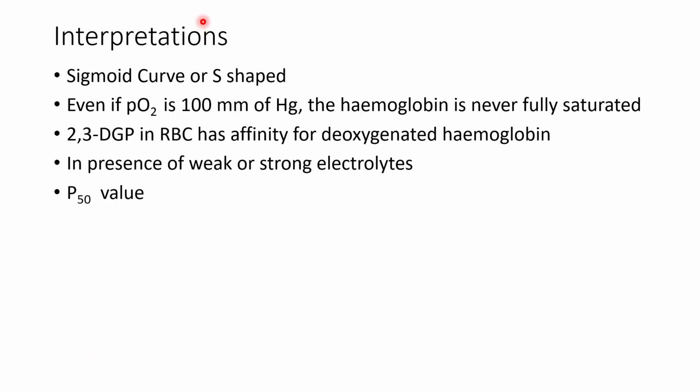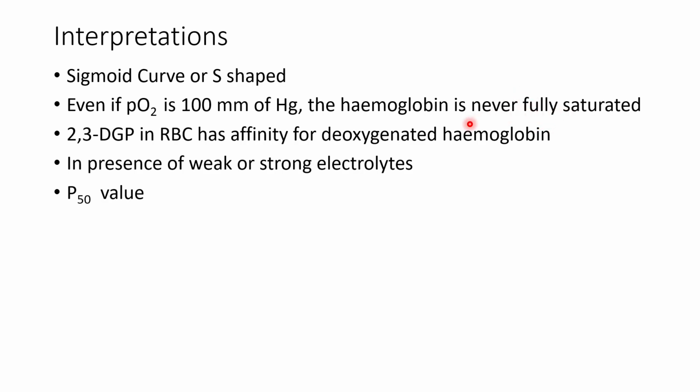Now, what are our interpretations about the oxygen dissociation curve? When all the conditions are normal, we are going to get an S-shaped or a sigmoid curve. Even if the partial pressure of oxygen is 100 mm of mercury, the hemoglobin is never fully saturated.